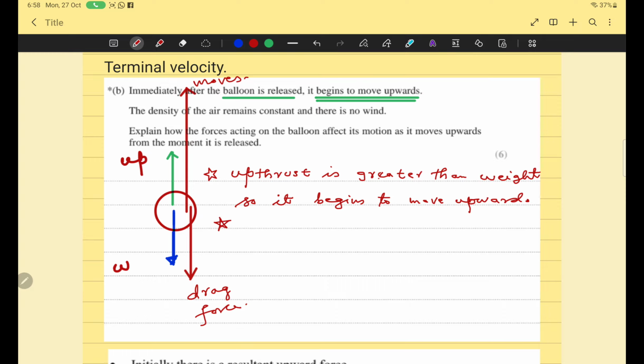So now I am writing: now drag force also acting on the balloon.